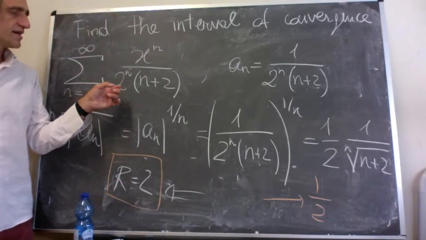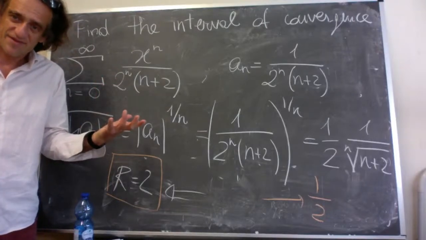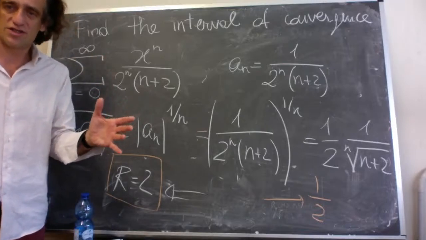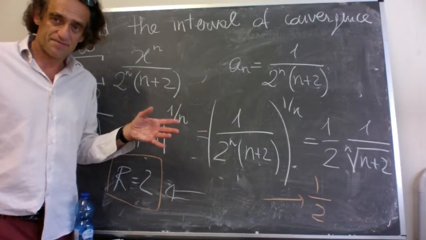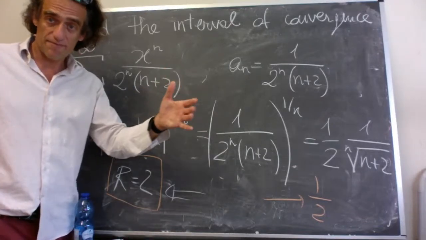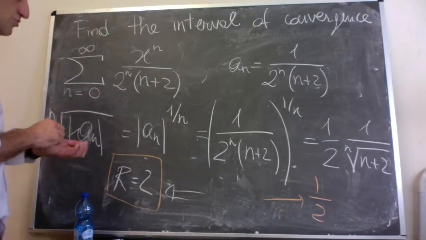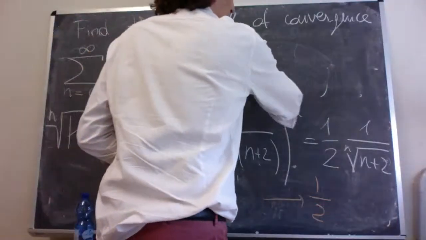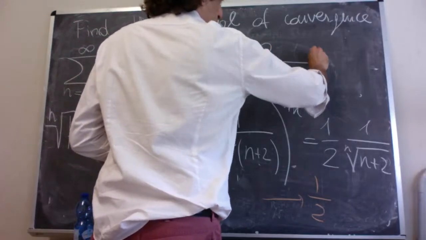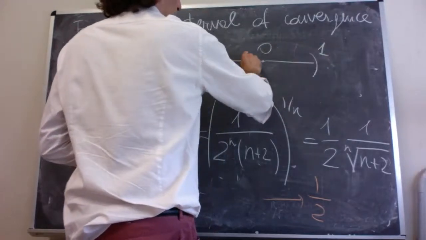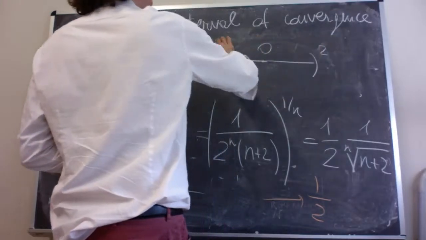So adding a power of 2 to the n was able to move our interval of convergence. No longer an interval of convergence of width 2, but this time of width 4. Why? Because now the interval of convergence, let me cancel here a_n. Again, start from 0, and then we go plus 1, here plus 2, here minus 2.